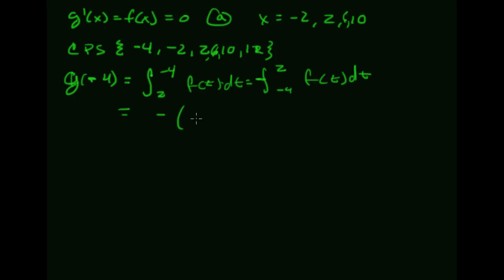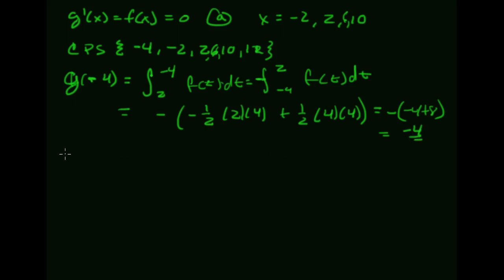So you've got a triangle there with a base of 2 and a height of 4, and you're adding in another triangle that has a base of 4 and a height of 4, which means that we're going to take negative 4 plus 8, which comes up as negative 4.